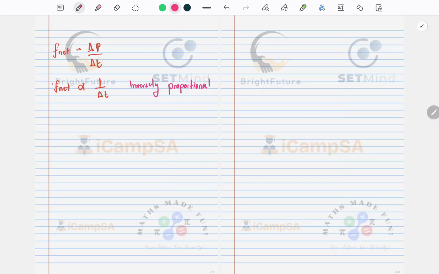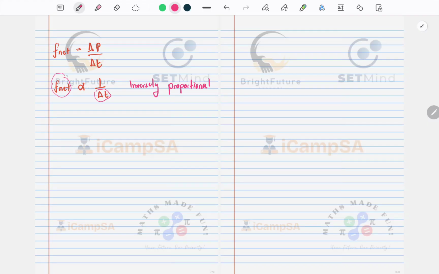So then, if we decide to decrease the time, the force is going to increase. But now we are told that the force has increased. So that means this time will go down. It's going to decrease.